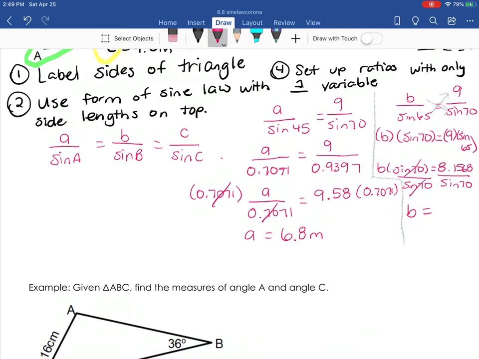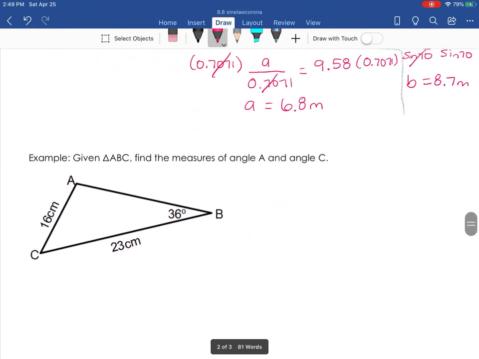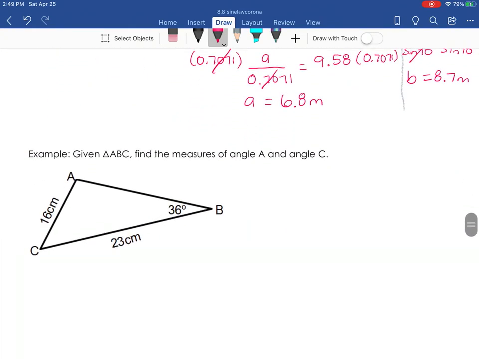Now I need to get B by itself, so I'm going to divide both sides by sine 70 so that it cancels out, and I get 8.7. So now I've solved for side A and I've solved for side B. All done.